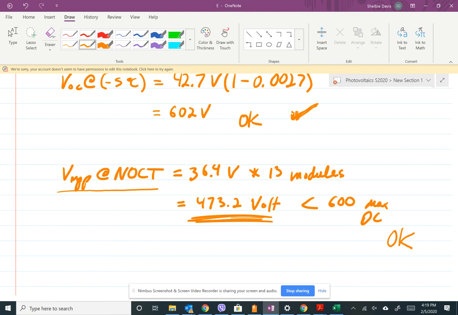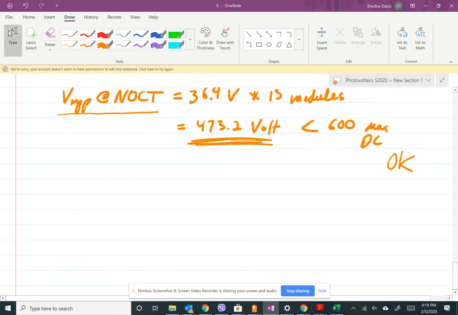Okay, so 13 is a weird number because it's not divisible by 2 or 3. You can have 3 runs in parallel, and you have to have the same number of panels in each run if you're hooking it up to the same inverter.